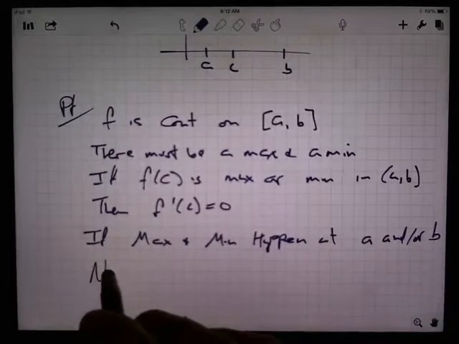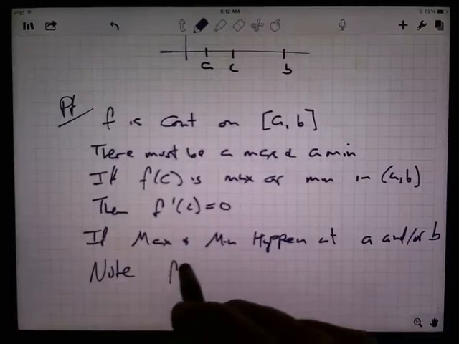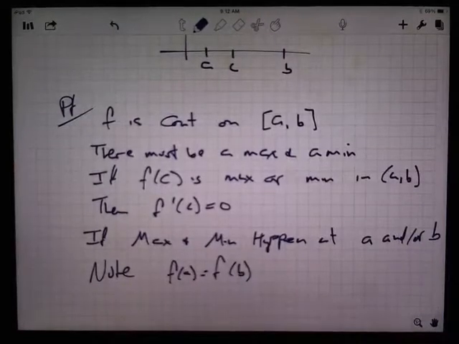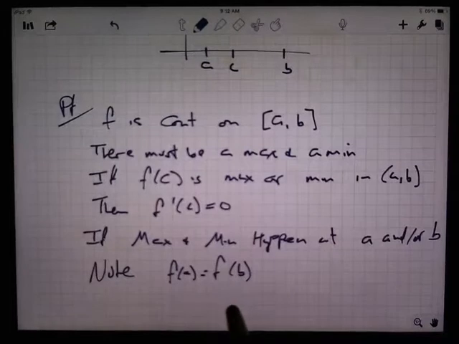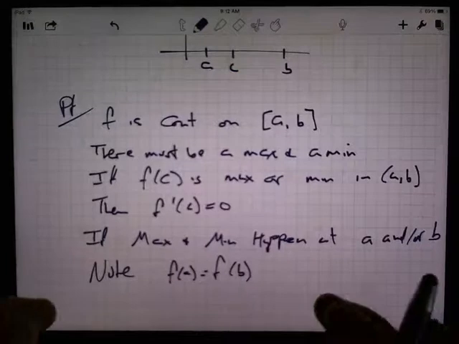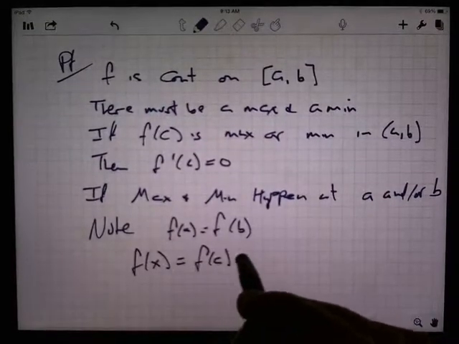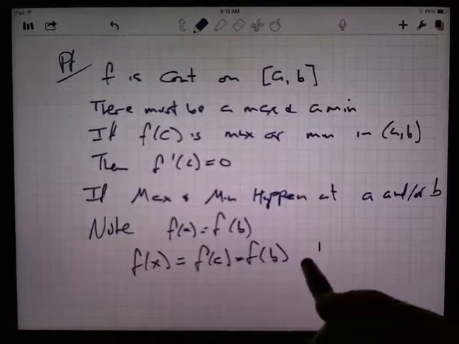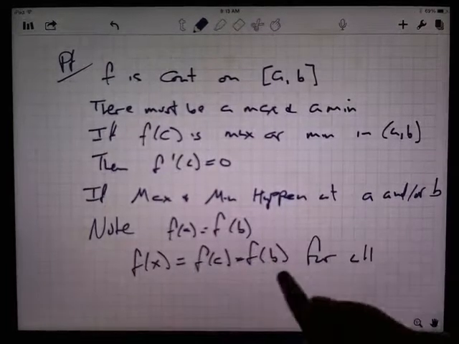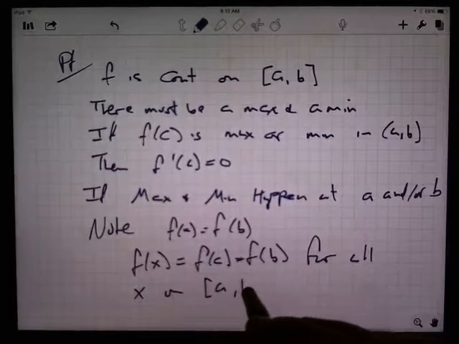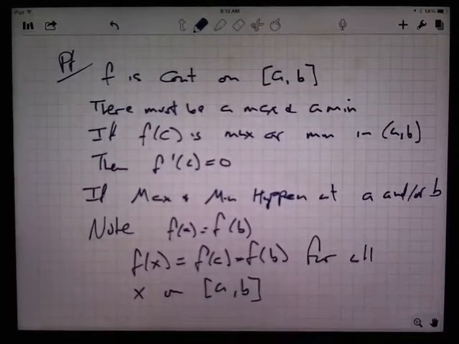Well, notice that f of A equals f of B. So if the max and the min both happen at the endpoints, then they both have to be the same. And so f of x equals f of A equals f of B for all x on the interval from A to B. If the max and min happen at the endpoints and the endpoints have the same height, then everything's got to be at the same height.